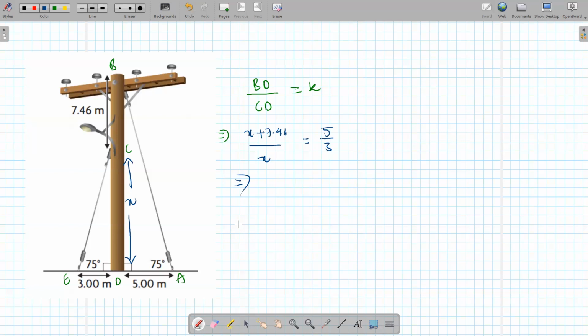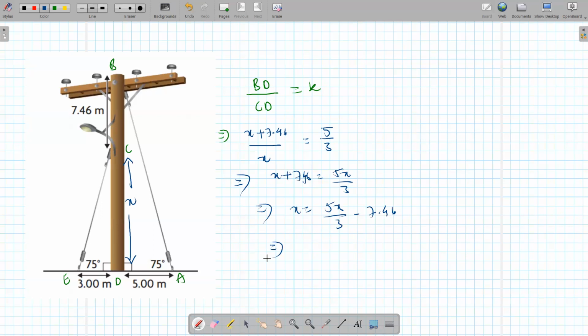How do we solve this equation for X? You multiply by X. Yeah, that one's pretty simple. And then subtract 7.46. Then what? You need to bring the like terms on the same side.